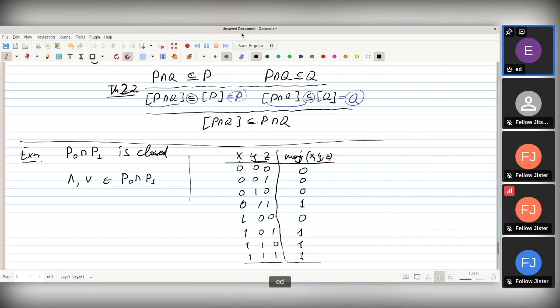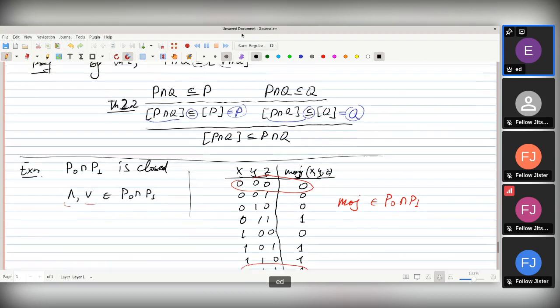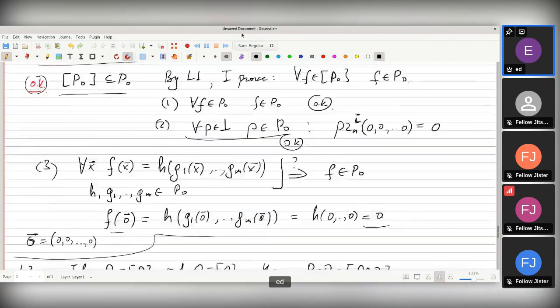Is it clear? This function gives us 0 at all zeros, and it gives us 1 at all ones. Hence, the majority function belongs to P0 and P1. And whatever you may obtain from majority, conjunction and disjunction, everything you obtain this way will preserve both 0 and 1. Interesting.